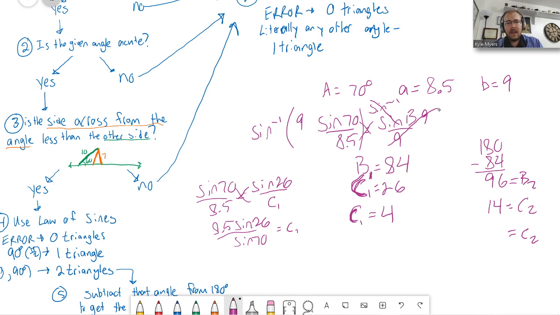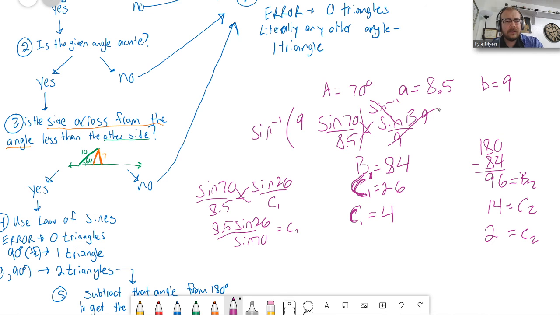And then the other one is almost identical: 8.5 sine 14 divided by sine 70. It's exactly the same except for that one value, because the 8.5 and the 70 are initial values, so they don't change. And I get about 2.1, so about 2. I'm doing some intense rounding here. Normally you round to like 2 decimal places. But there you go. There's your 2 triangles.